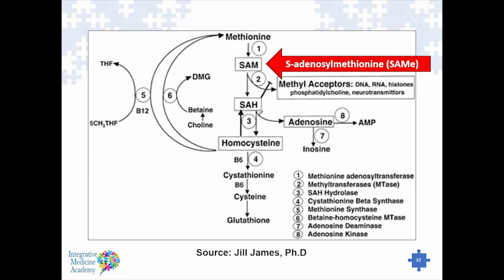When we're looking at the methylation cycle, we also can't forget about the transsulfuration cycle, because it helps us to produce glutathione, that very important cellular antioxidant that's going to help with detox, but also help protect our mitochondria.